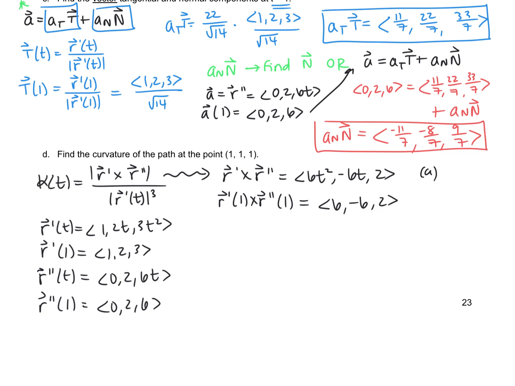So finally then, the curvature at 1 ends up being the square root of 76, which comes from this magnitude, divided by the magnitude of r prime at 1 to the third power. So the curvature at 1 then ends up being 1 over 14 times the square root of 38 over 7.